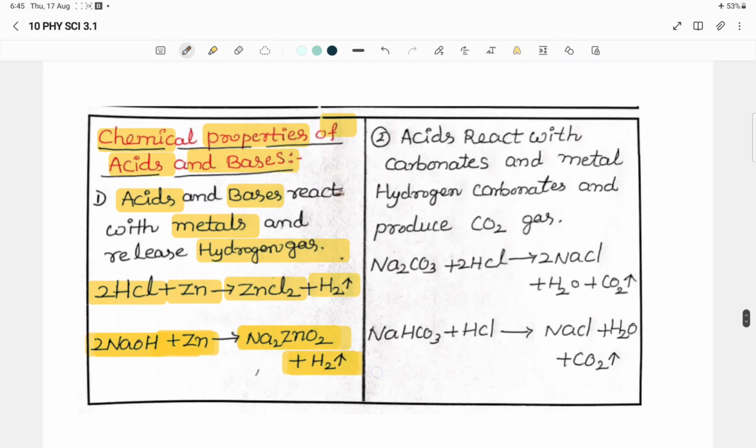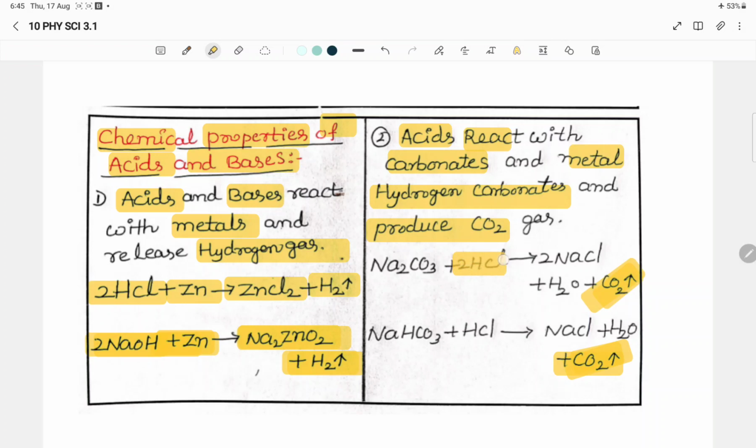Next, second example: acids react with carbonates and metal hydrogen carbonates, and produce CO2 gas. In the first example, acids react with metals and give hydrogen gas. Here acids react with carbonates or hydrogen carbonates and give carbon dioxide gas.